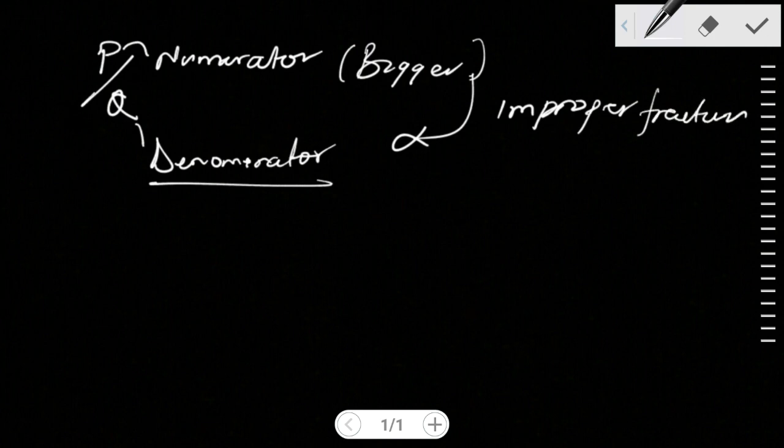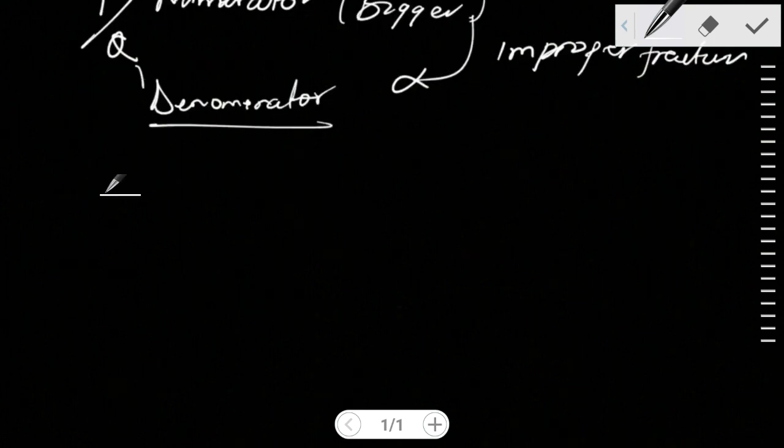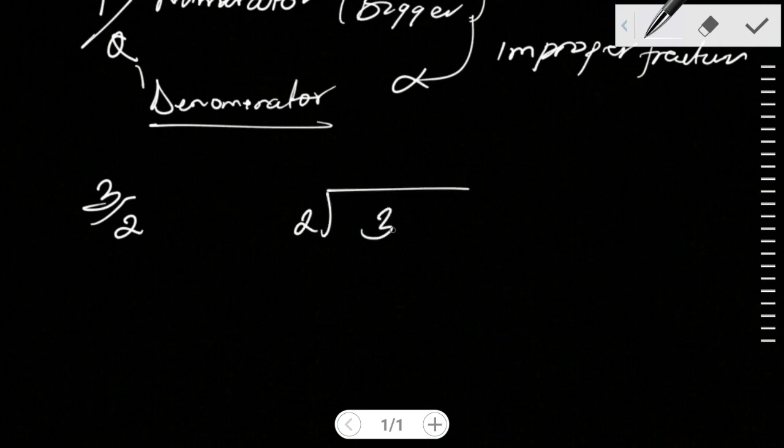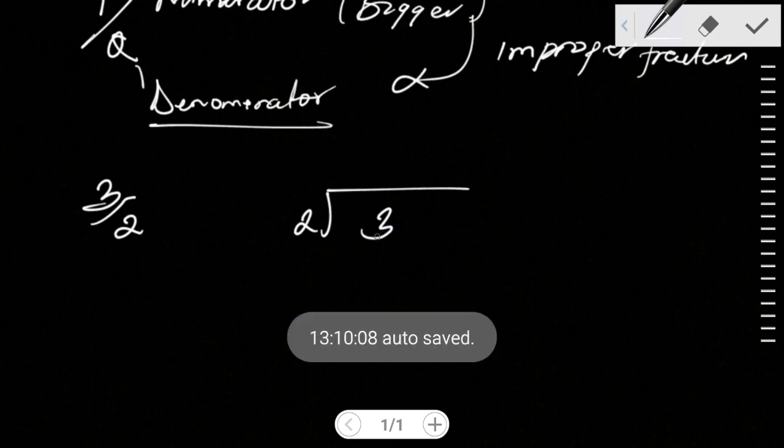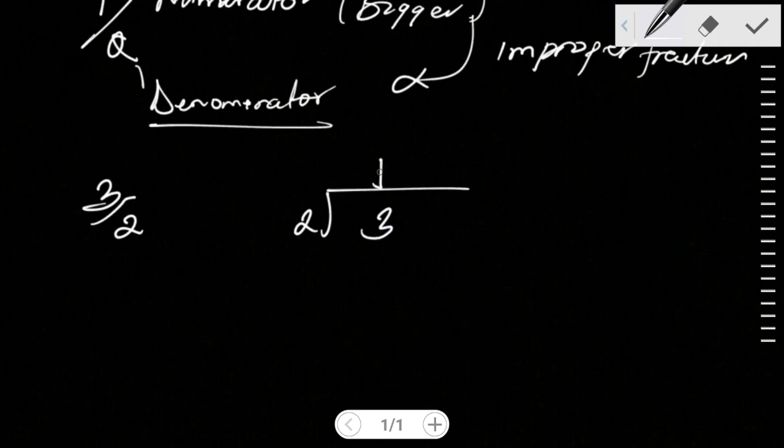An improper fraction can be converted into a mixed fraction in such a way that, if I have my example here, for example 3 all over 2, to convert this into a mixed fraction, I'll have 2 into 3. 3 divided by 2, I'll get 1, and then 1 times 2, I'll get 2. If I subtract here, I'll get 1.